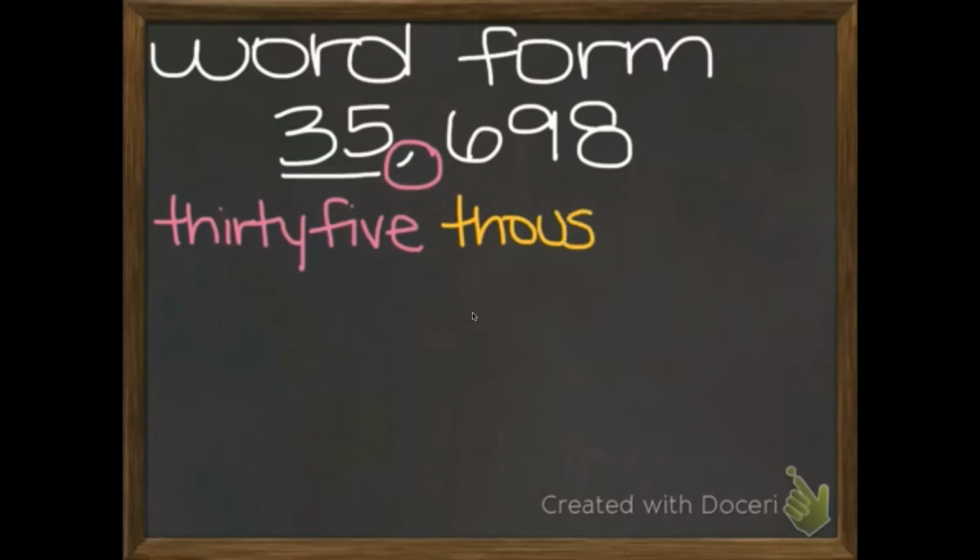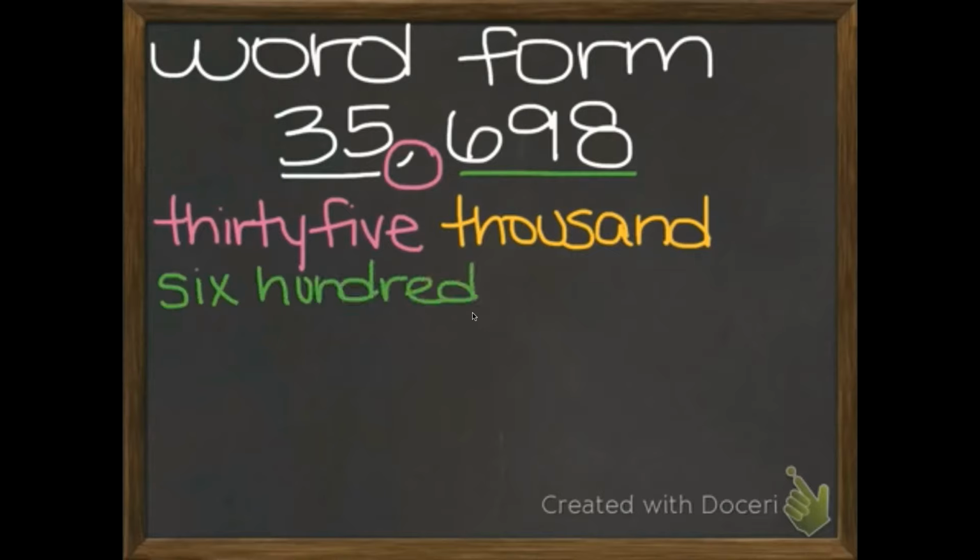And last but not least, we look at the units period and write it as we say it, 698. When we put it all together, it should sound just like we read the number, 35,698.